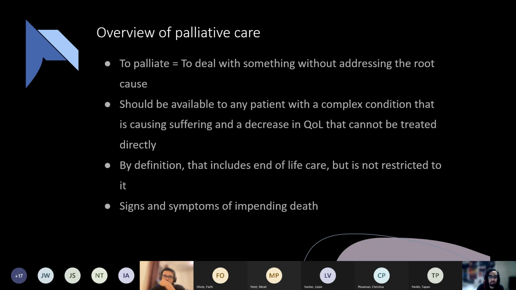Just a quick question, what defines a patient who is end-of-life? If someone just writes that down in the chat, what is our rough definition of end-of-life?